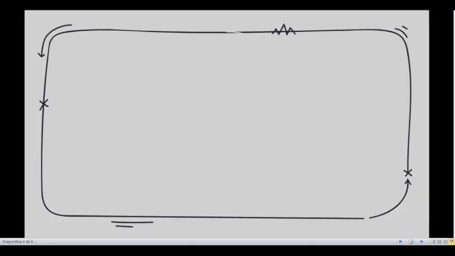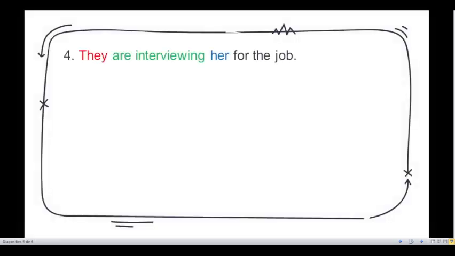Excellent. Number 4. They are interviewing her for the job. They, subject. Are, auxiliary verb. Interviewing, main verb. Her, object. For the job, complement. Let's start with the object.